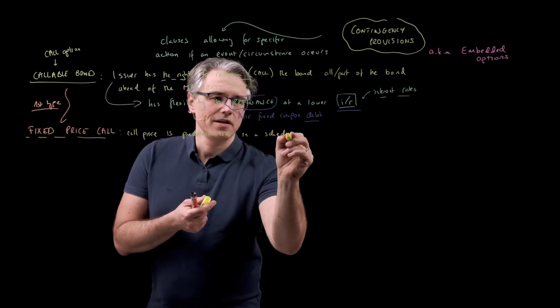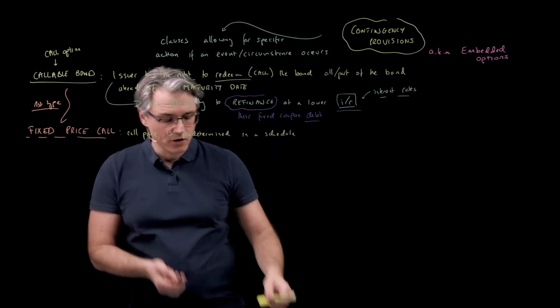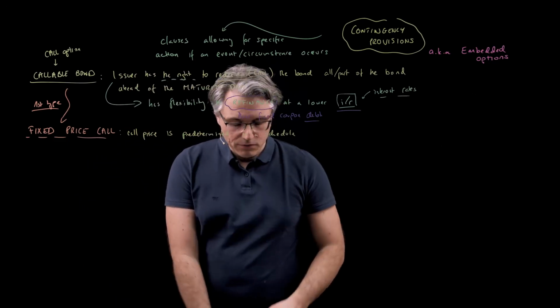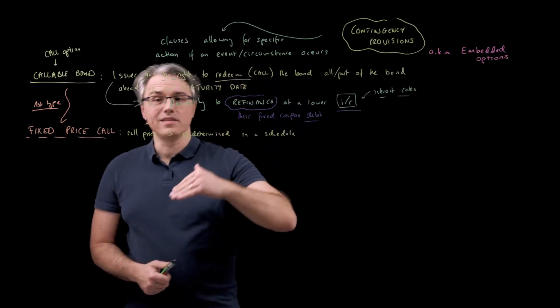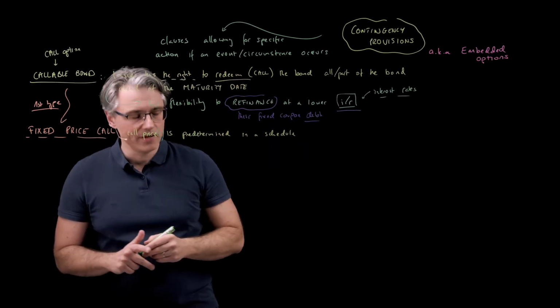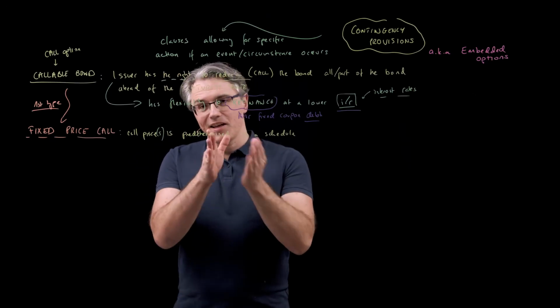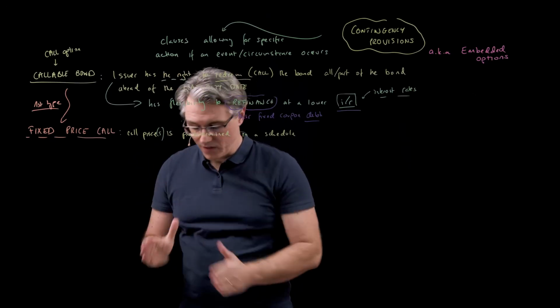So what you'll typically have is, in the documents accompanying the bond issue, you'll already have the prices. And this is typically more than one price. So call prices are actually written out, and there's a schedule with accompanying dates.